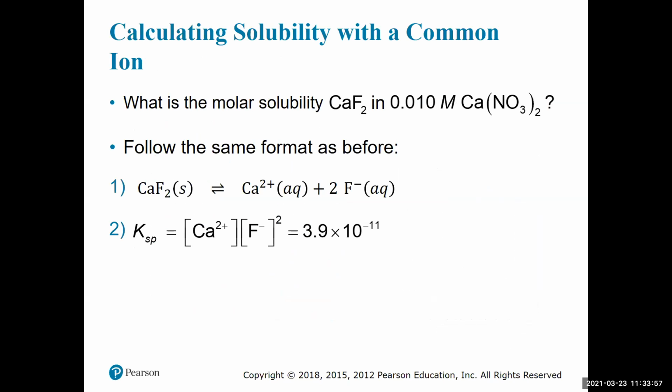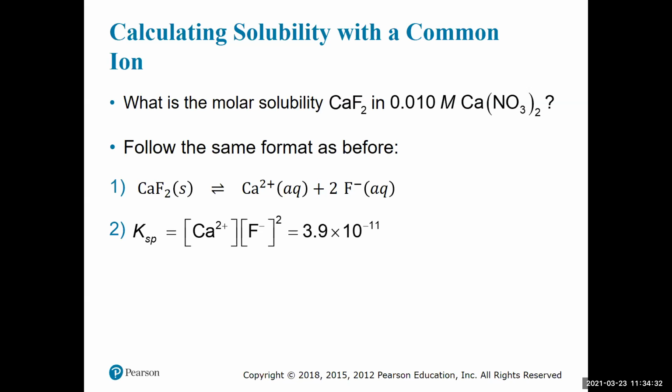So let's go ahead and do a calculation. When you have a common ion, we're being asked, what's the molar solubility of calcium fluoride? And we have 0.01 molar calcium nitrate. So in this case, calcium is the common ion. We write our equation out: calcium fluoride solid goes to calcium plus 2, and then 2 moles of fluoride ion.